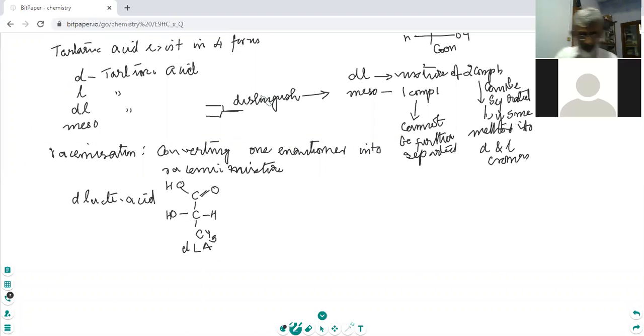Okay. Now you can tautomerize this. This can be tautomerized. This will exist in equilibrium. See here. This is what is meant by tautomerization.